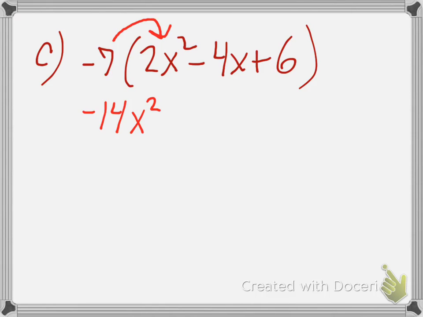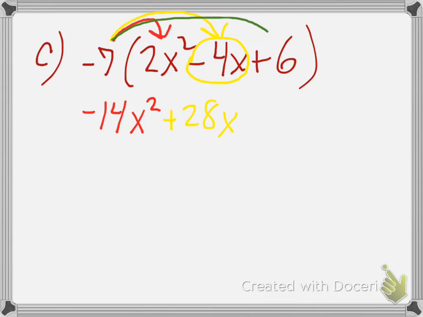I'm changing colors hoping that will help you understand where these numbers are coming from. So again, don't forget that that goes together. It might help you to bubble all of them and then just think of it as bubbles. So negative 7 times negative 4x makes a positive 28x.